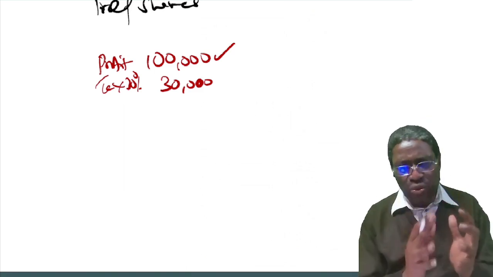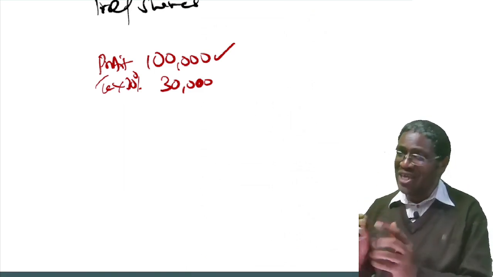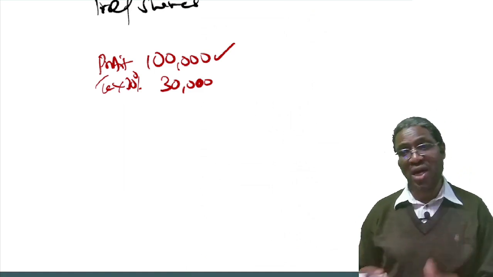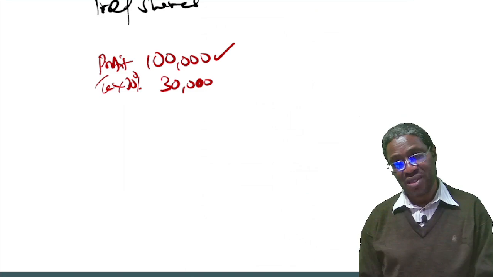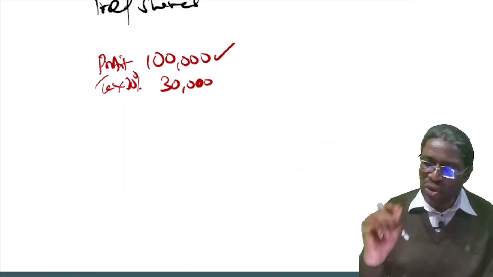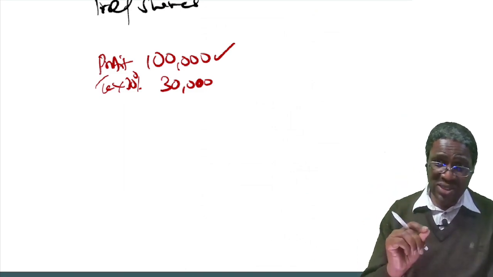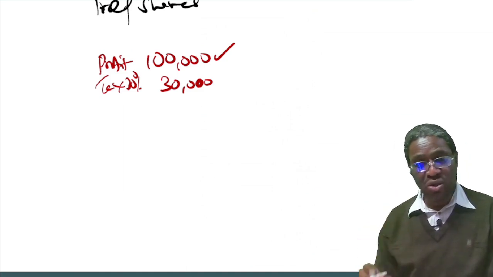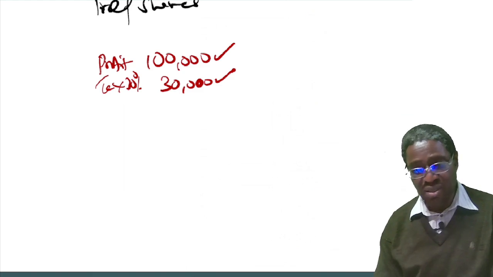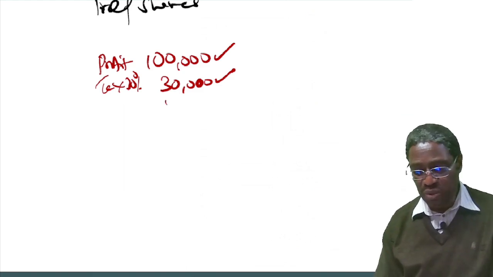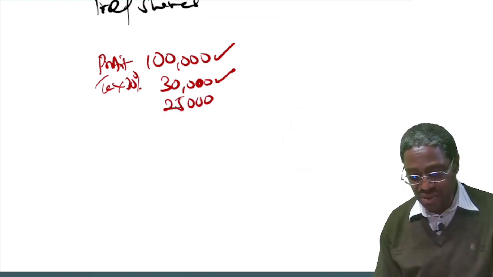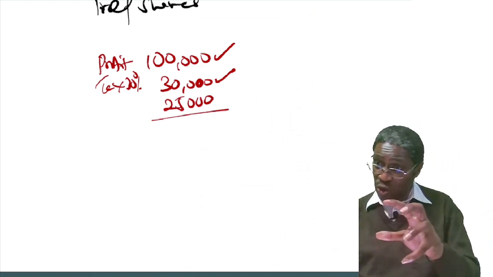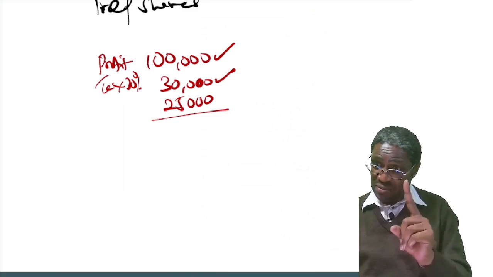But there are some rules that the taxman follows in computing how much you should pay as tax. Now listen. Suppose the taxman calculates and says, you're not going to pay me 30 this year, you're going to pay me 25,000 this year, according to the rules of taxation.